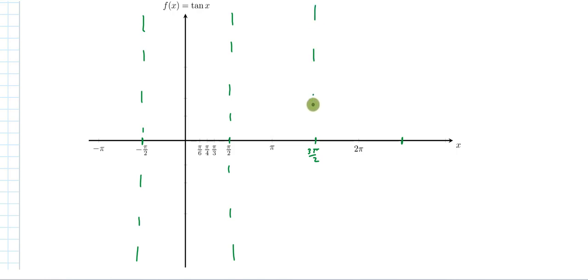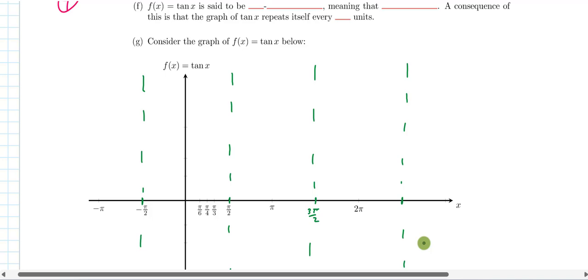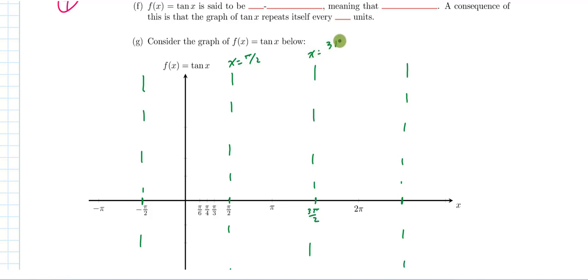So I'm coming onto the graph, and I'm sketching all of those vertical asymptotes, one at each odd multiple of pi over 2. Okay. If these graphs weren't labeled, I would label these. Here we have the vertical asymptote at x equals pi over 2. Here we have the vertical asymptote at x equals 3 pi over 2. In general, I ask that if you sketch several vertical asymptotes when you're graphing a trig function, you label a couple of them.